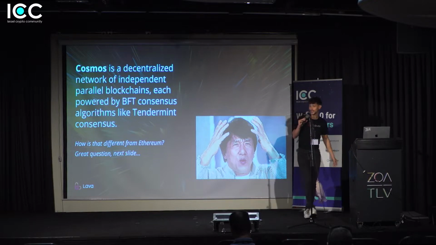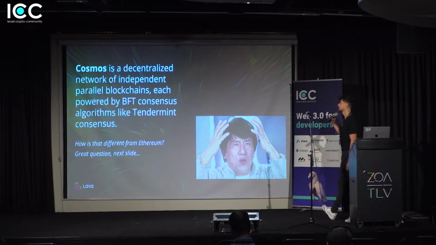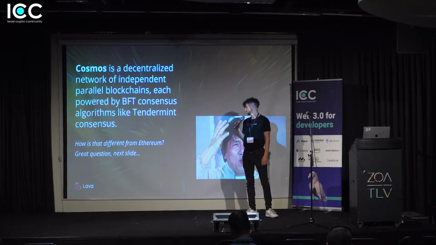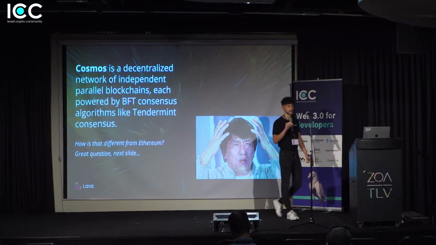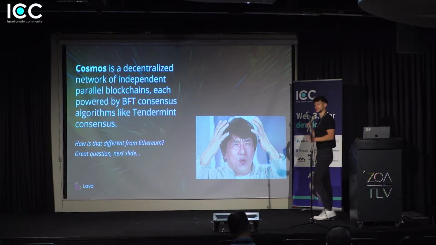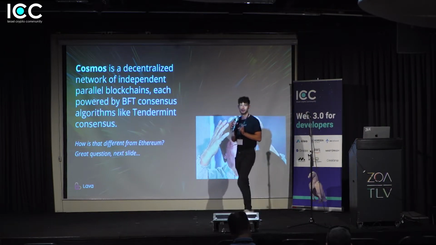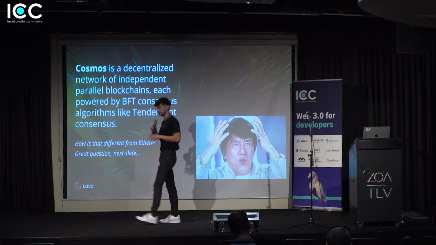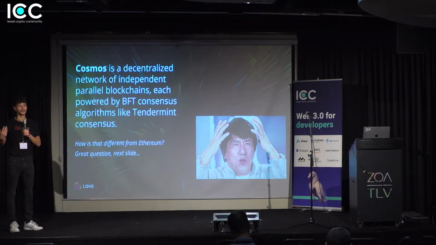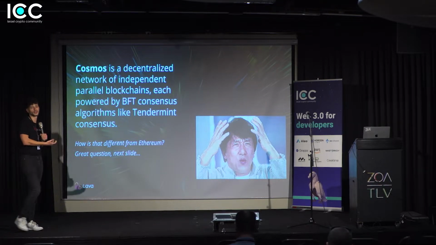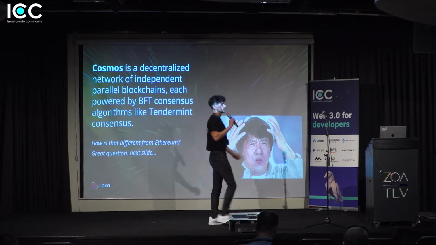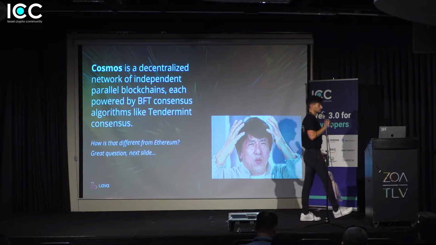Cosmos is a decentralized network. Parallel blockchains, consensus, entanglement, you're going to hear that a lot. So basically, you know what a blockchain is, but for this purpose, let's rephrase blockchain and call it a state machine, because that's how, as developers, we're going to approach development on Cosmos.